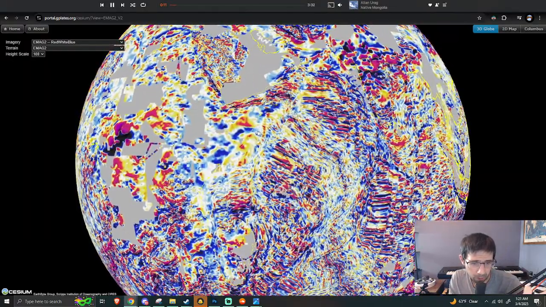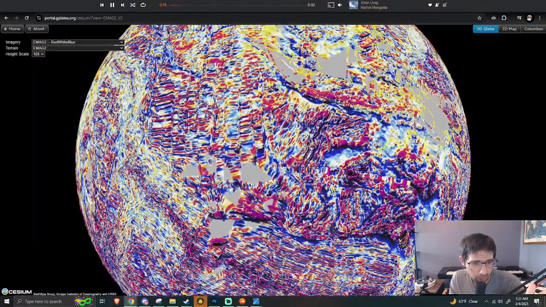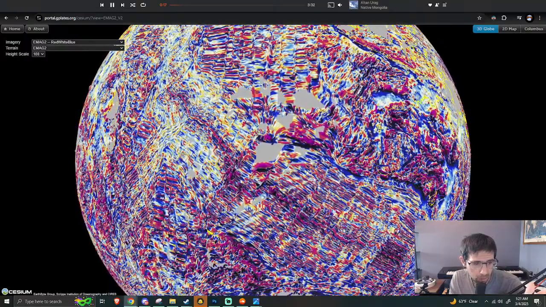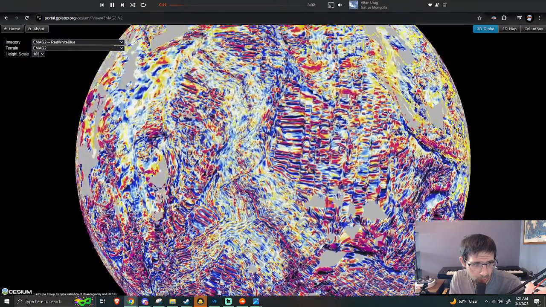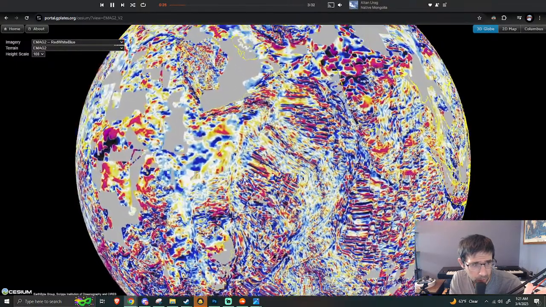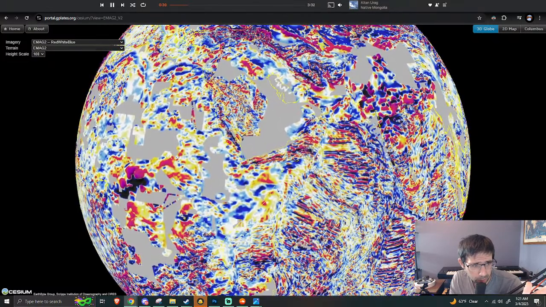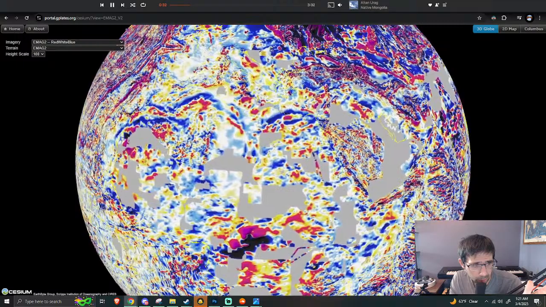Then I was thinking that there's a current flowing this way that maybe even interacts across here and continues across here, across here, across here.